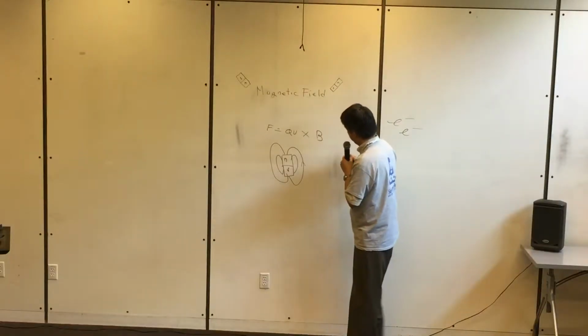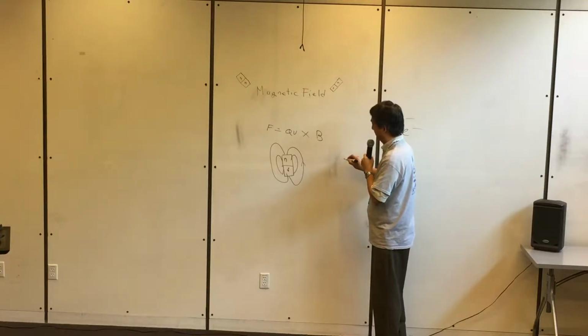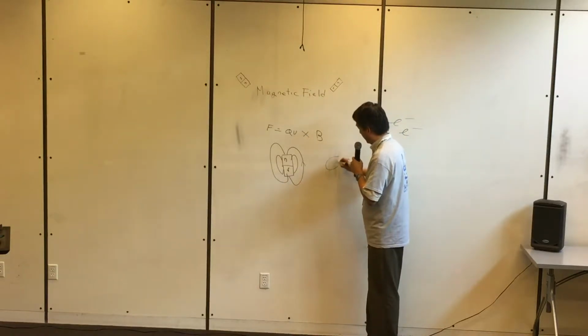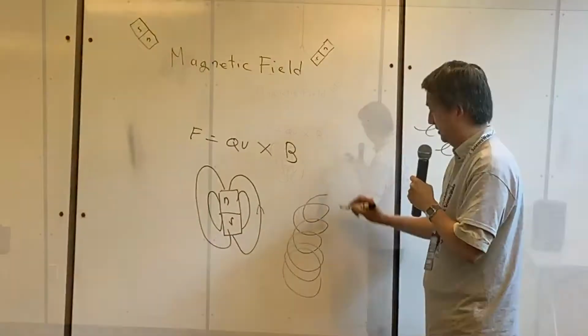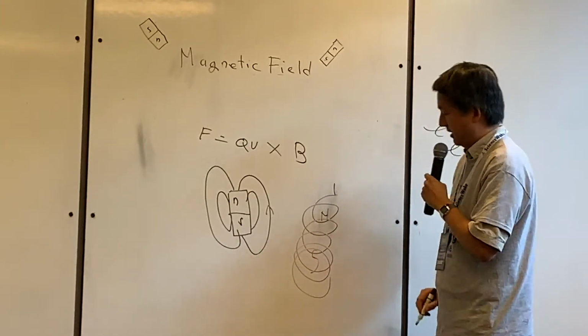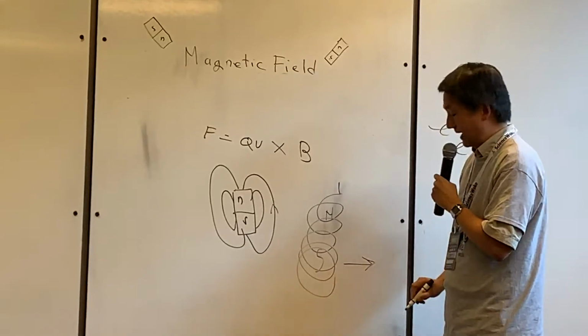Now, me personally, I think it makes more sense to define the B field, the actual magnetic field, in the direction of the current that creates it. So if I have a solenoid here, where the wire is, that's just like a north-south magnet, and the field direction should actually be in this direction.